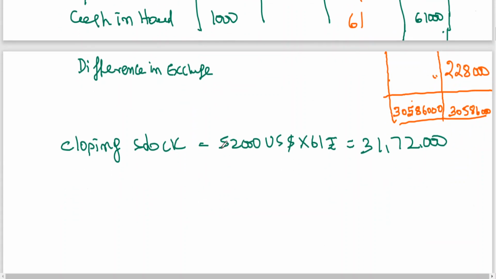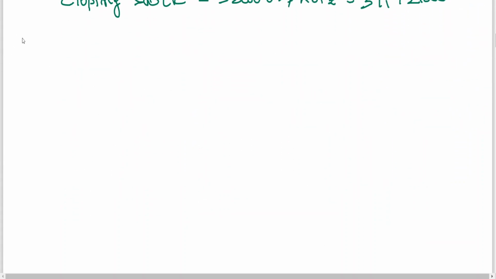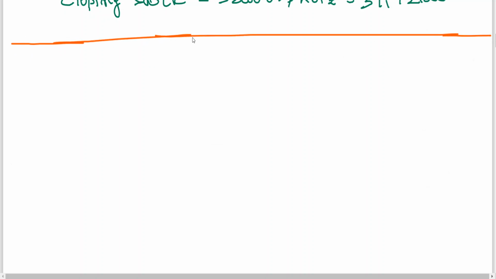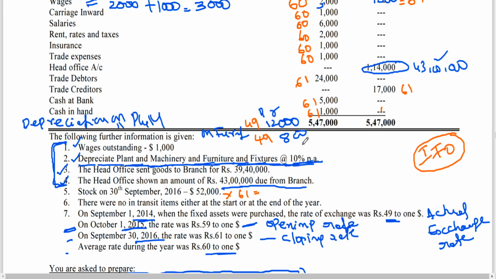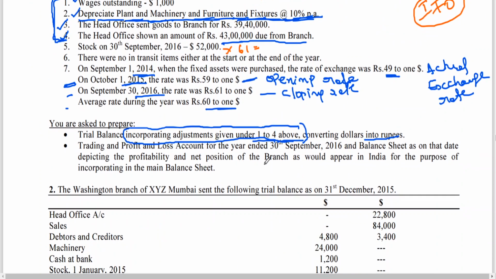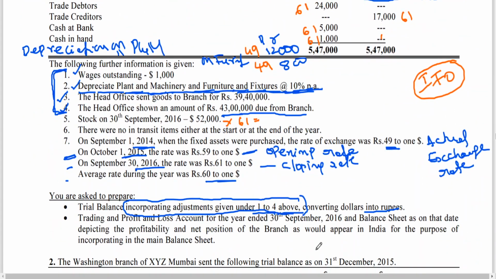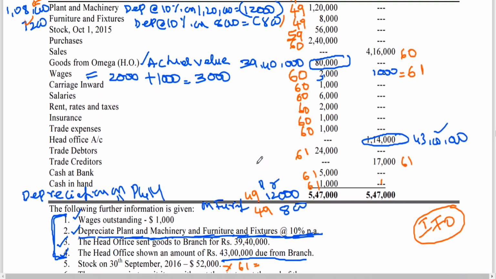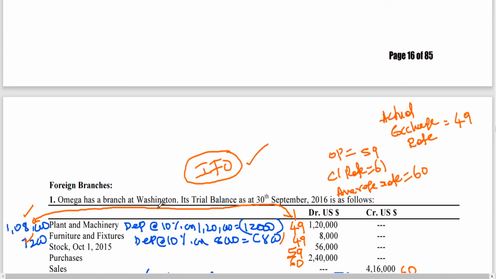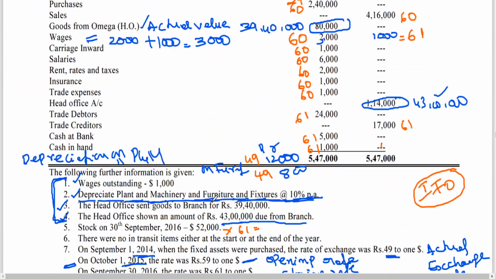Now as usual you have to prepare trading, and this is your cakewalk. It's very simple. You need not worry about it. So trading comma P&L account is what is asked; the required first part is completed. In the books of Omega India, that is in the books of head office. Omega has a branch at Washington.